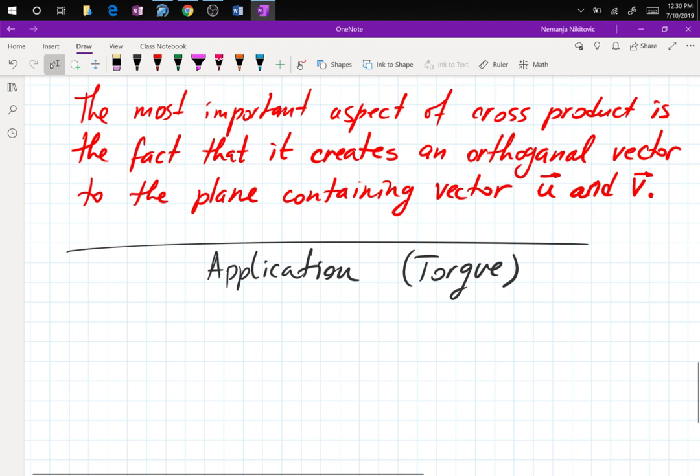So when you have, let's say you have a bolt, and then you have a wrench around it, so this is your bolt right here.